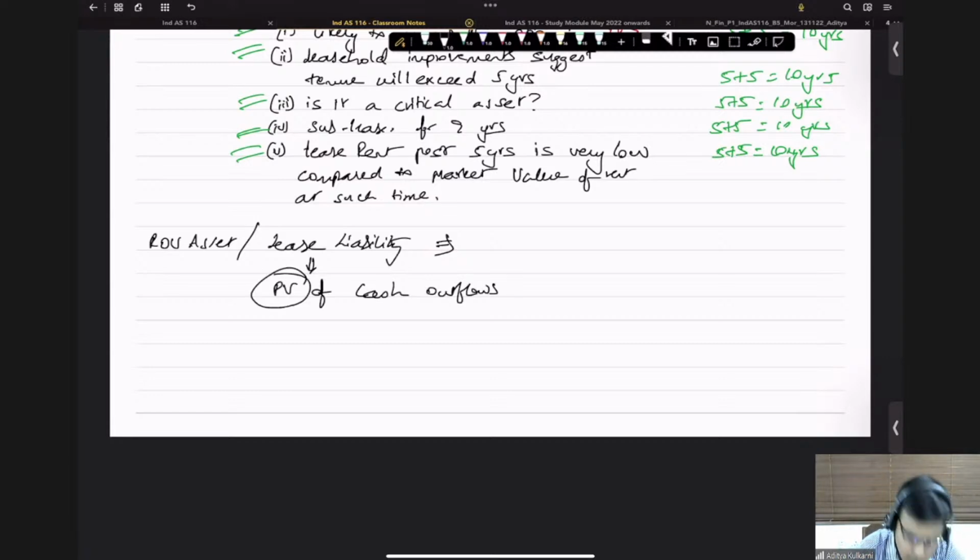So when I talk about present value, I will have to consider the period of use. So you have to determine the period on which date, on the date when you record or on the date subsequently. Sir, ideally, it will be the commencement date.